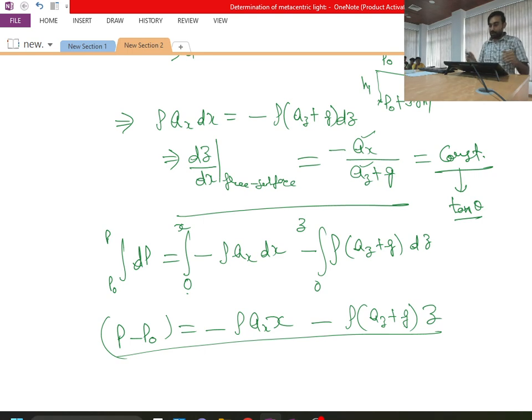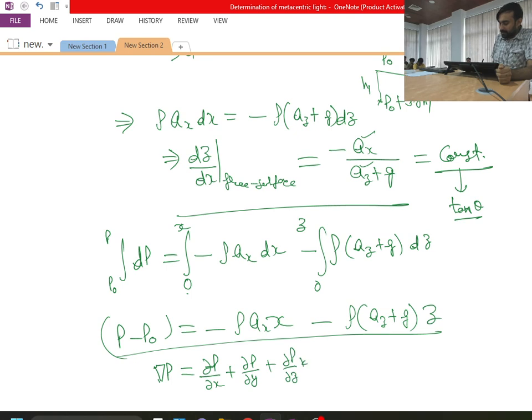Now one interesting point I want to show you over here. If you see the gradient of P vector for this situation, gradient of P vector will be nothing but del P by del x i cap plus del P by del y j cap plus del P by del z k cap. What is del P by del x?